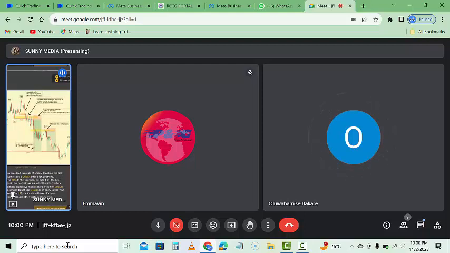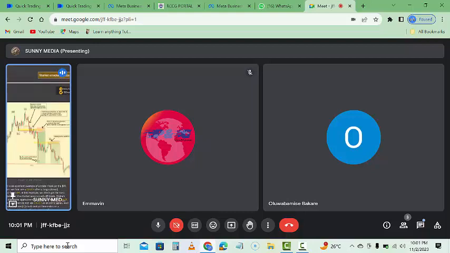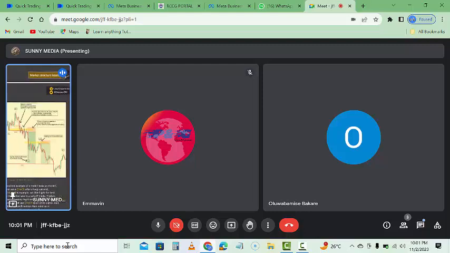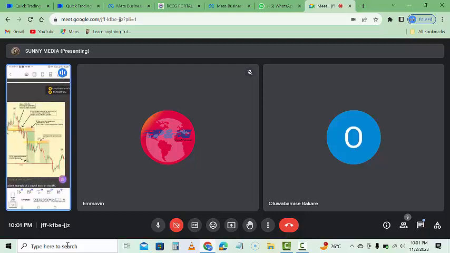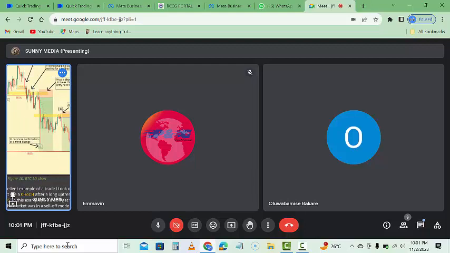So here is a perfect example, on BOS and retest. This is the BOS, and this LH here is a retest zone after the BOS occurs. Then the LL, lower low, gives more confirmation of a trend change.